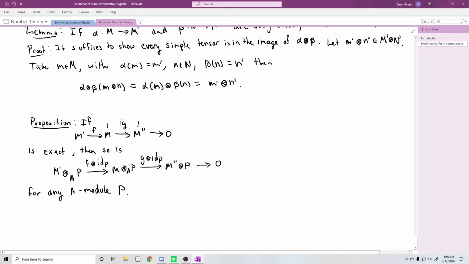In fancy language, we'd say that the tensor product is a right exact functor. So, proof. This is a fairly important result, so I'm going to give the proof in some detail here.